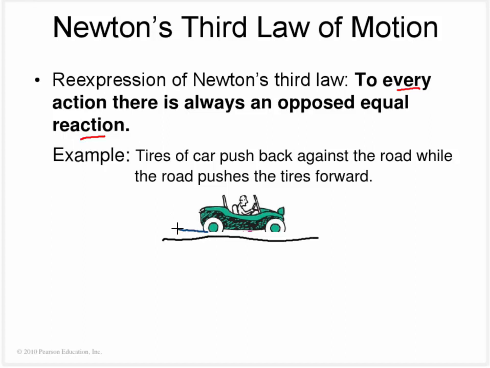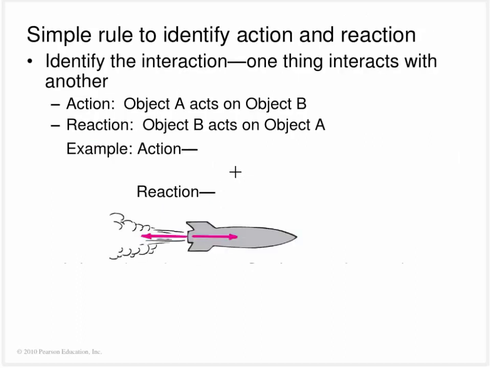The tires are going to push that way on the road, and the road is going to push this way on the tires. So this would be my action force, and that would be my reaction force. And it's actually the reaction force that makes it move, because the action force occurs to the road, and the reaction force occurs to the car. So, different objects.